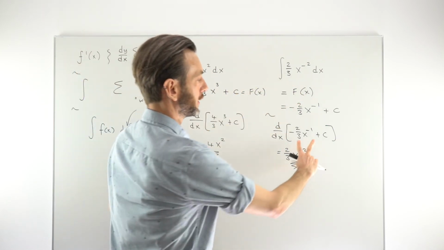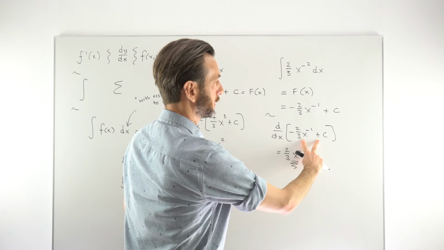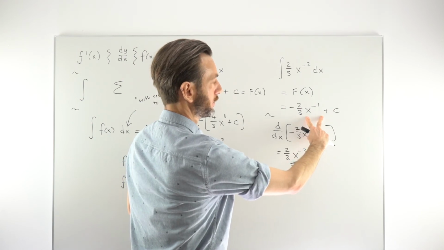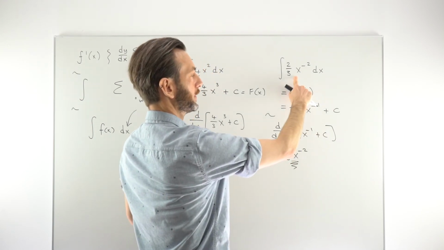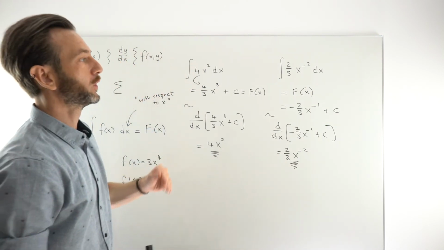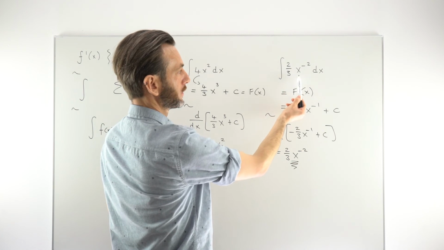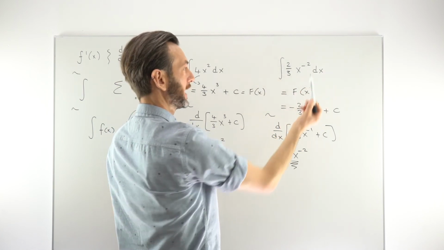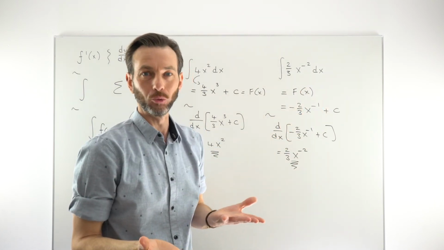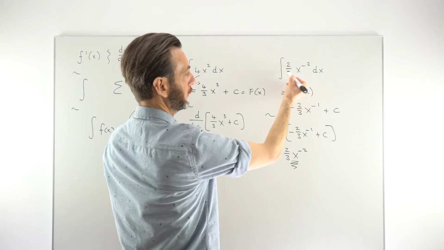So in other words, this here is the antiderivative, or the integral of this function here. Just notice the way we've notated it again. This is saying integrate the function 2 over 3x to the minus 2, do it with respect to x. The with respect to x is a no-brainer here because it's the only variable in the function.